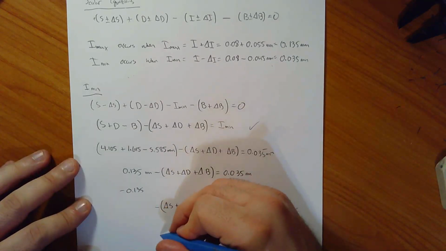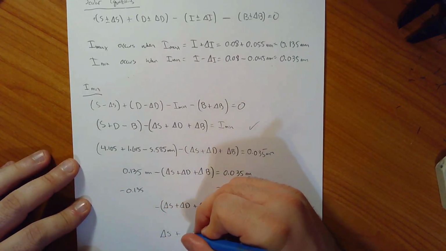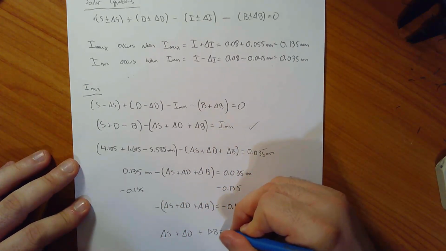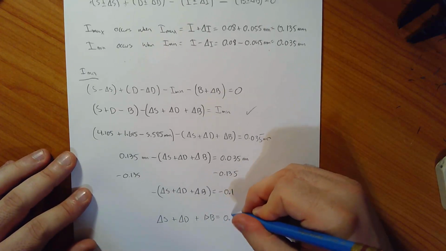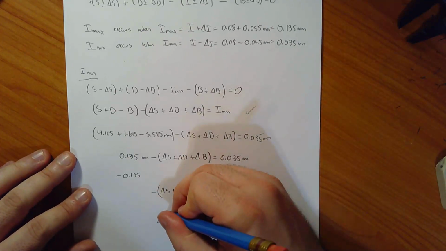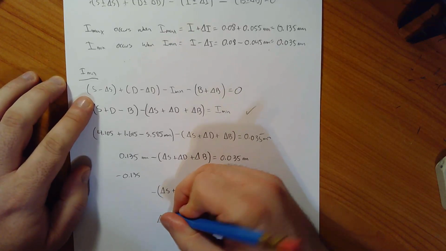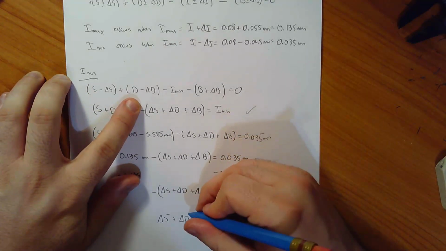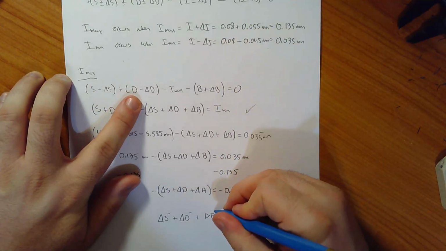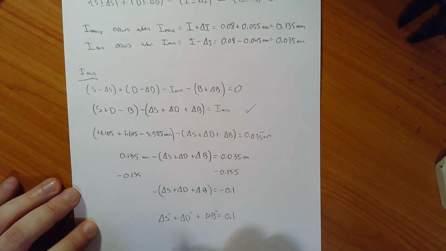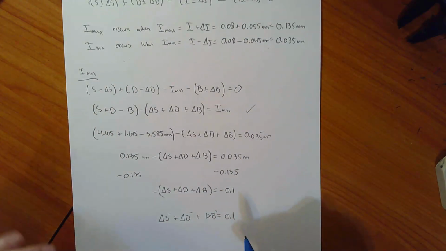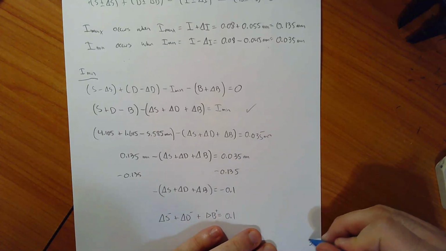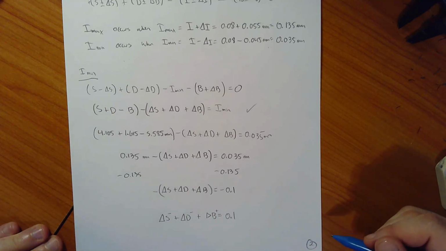Okay, and in the end, then, I've got delta S plus delta D plus delta B is equal to 0.1. All right, and I'm going to just remind myself that this was the negative unilateral dimension for S, the negative unilateral dimension for D, and the positive unilateral dimension for B, in case I come up with different values for the other I max calculation.